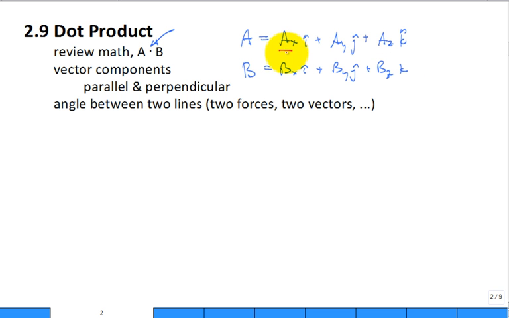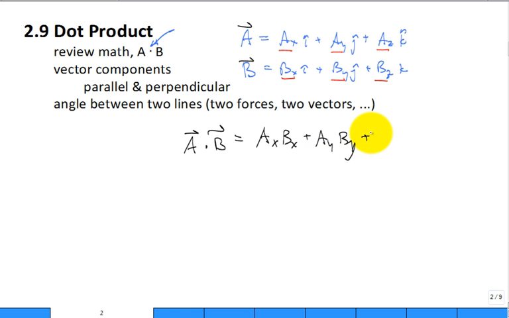So these are coefficients or magnitudes in the unit directions along the axes of our Cartesian coordinate system, the XYZ directions. And so the dot product A dot B is equal to AX BX, the 2 X components multiplied, summed with AY BY, summed with AZ BZ.